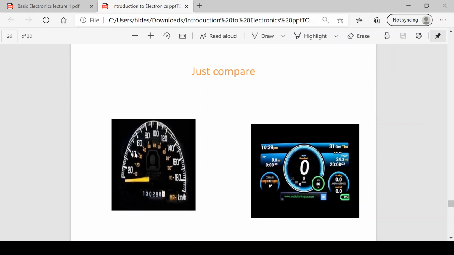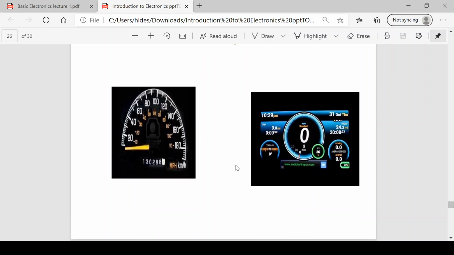There is a speedometer of a vehicle or two-wheeler which shows you RPM, or kilometers per hour, using an indicator. And on the right side there is a straightforward digital display which tells you the direction, north or south, what the RPM is, and different aspects of the timing and the rest of the things. So this is also a matter of comparison.